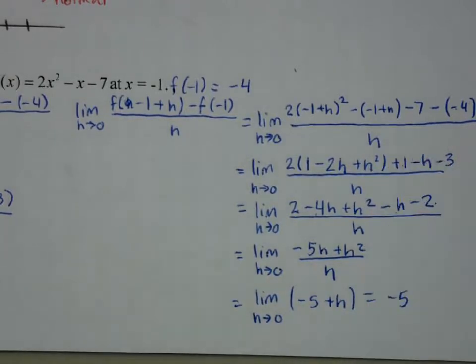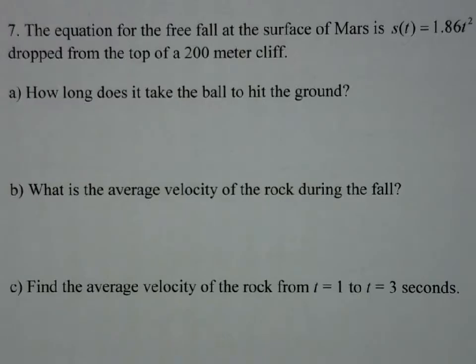Okay, final example. The equation for free fall on the surface of Mars is s of t equals 1.86 t squared meters with t in seconds. Assume a rock is dropped from a height of 200-meter cliff. So how long does it take for the ball to hit the ground?